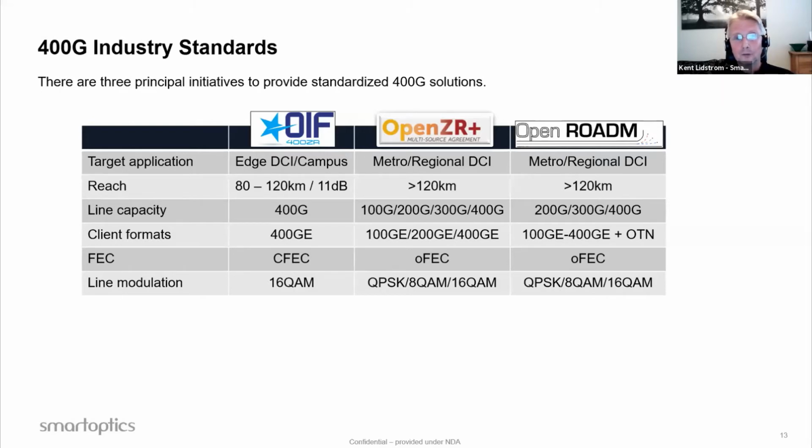And when you go down in line rate, you get a better transmission performance, so you can go longer distances. And then you can also support different client formats, both 100 gigabit Ethernet, 200 gigabit Ethernet, and 400 gigabit Ethernet. It uses an OFEC on the line side and has different modulation formats depending on line rate. So it uses QPSK on 100 gig and 200 gig, 8 QAM on 300 gig, and 16 QAM on 400 gig.